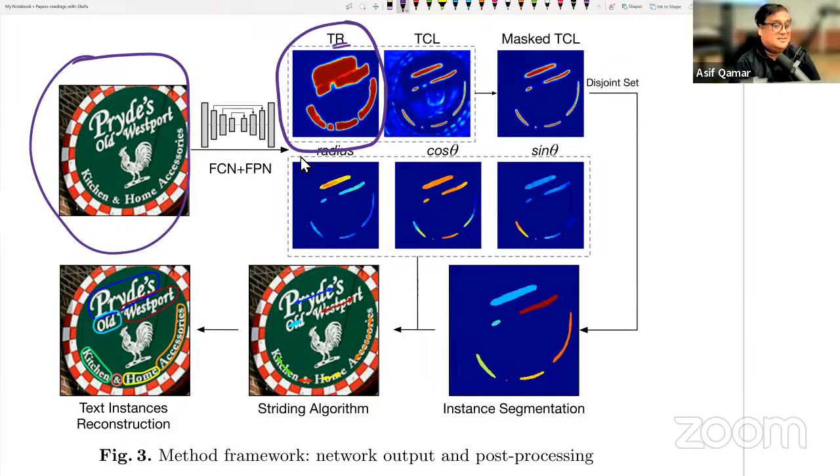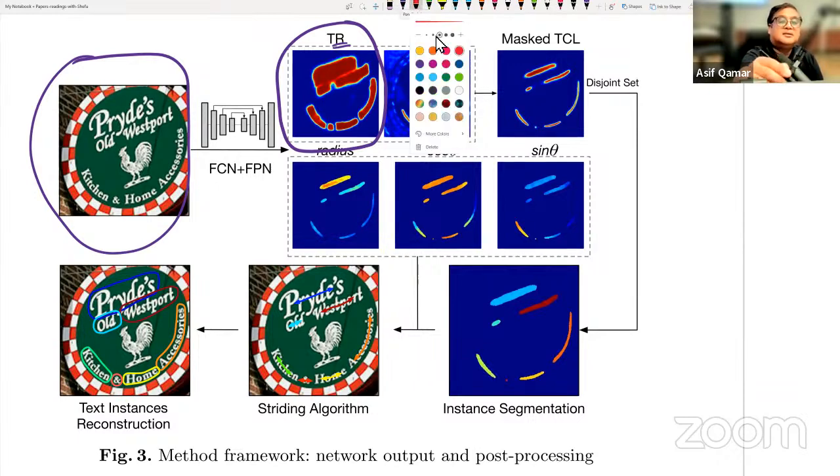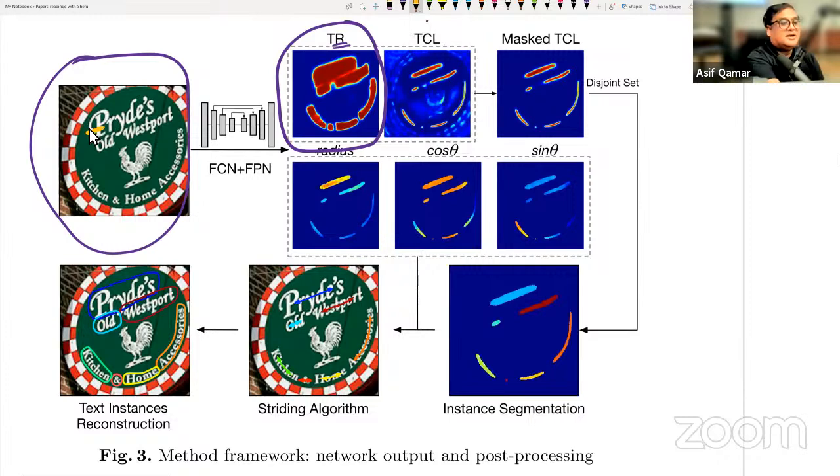The second feature that you learn is a text center line. So where is the text center line? Let me take this. Would you agree that this is the text center lines?